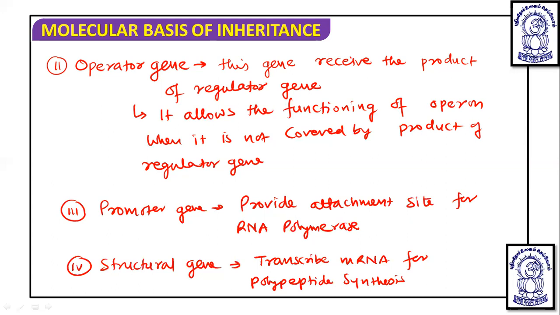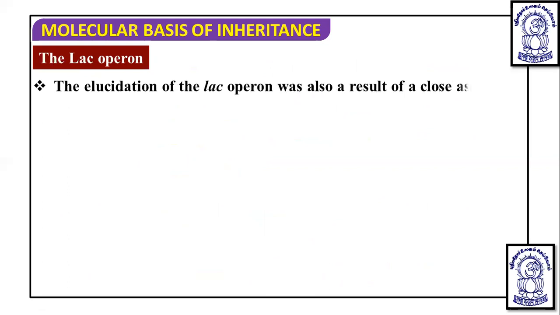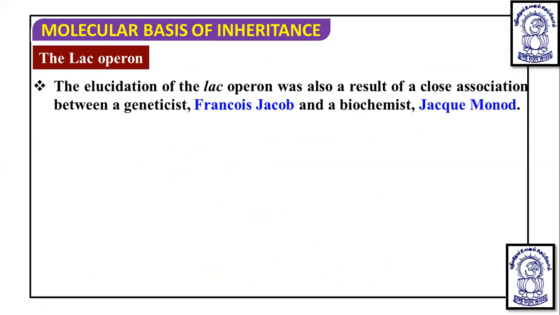Now, to understand how they particularly function, if we discuss one operon, it will be easy for us. So for the understanding of this regulation or operon concept in a very defined manner, let us discuss the lac operon, which describes lactose metabolism. Here lac refers to lactose.